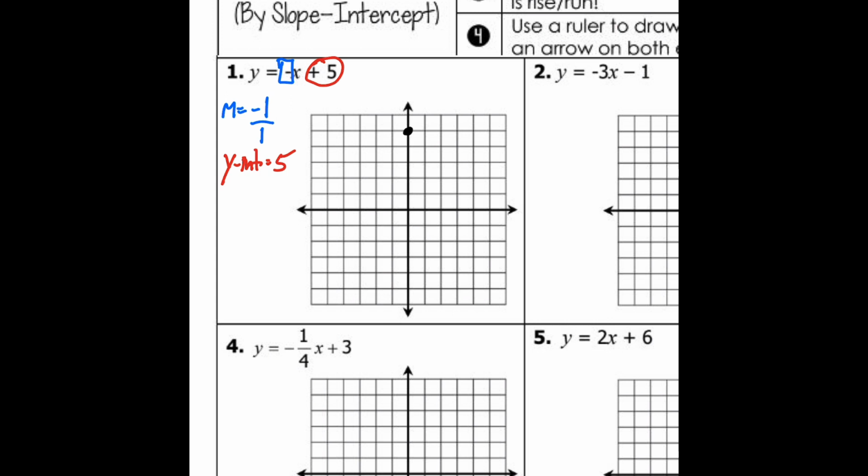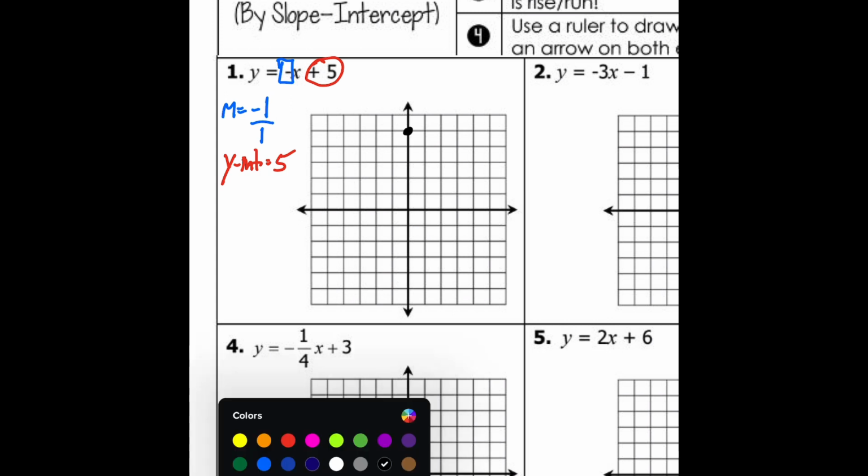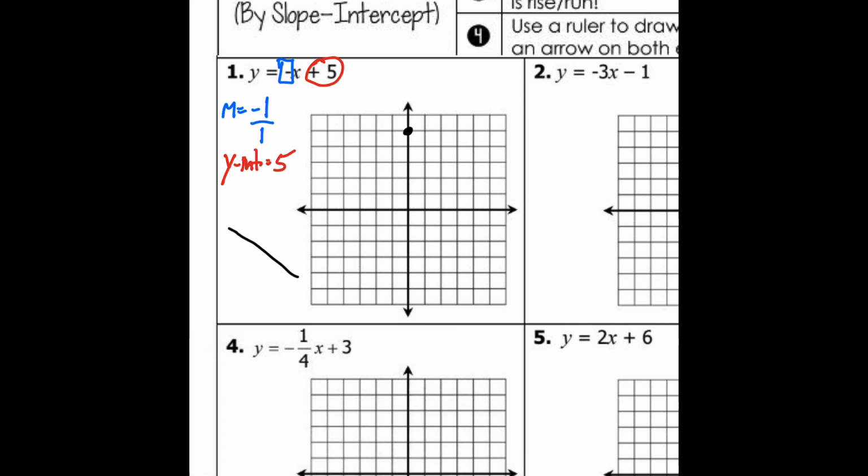And I know that negative slopes are going to go downhill from left to right. So if I'm looking at it from left to right, it should be angling downhill. If I were on skis at the top of that line, I would be going downhill from left to right.